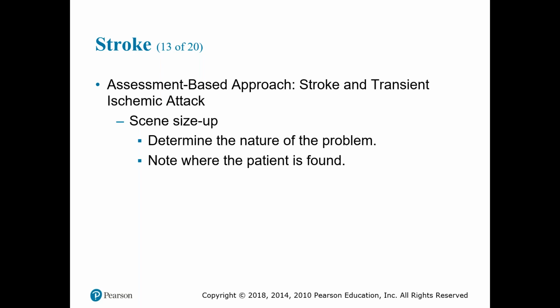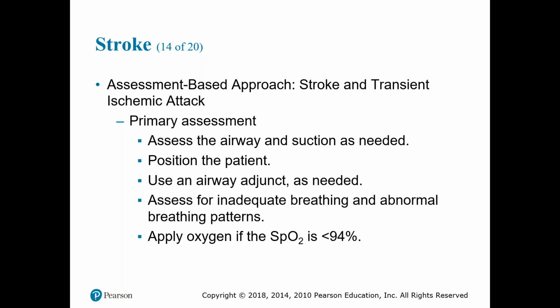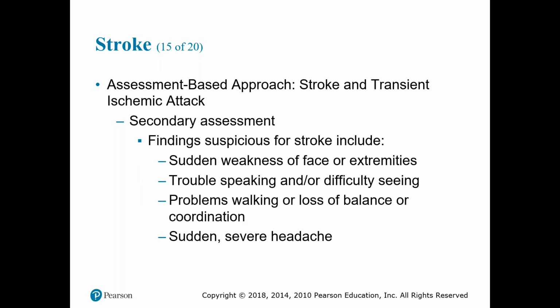So our assessment: we have somebody displaying stroke-like symptoms. Conduct our scene size-up, determine the nature of the problem, and note exactly when the patient was found or the last time they were found normal so that you can document that time. Go through your ABCs, assess and intervene as necessary for any immediate life threats, major bleeds.